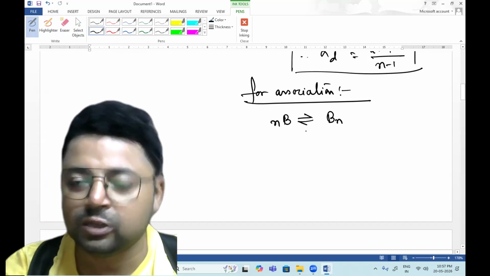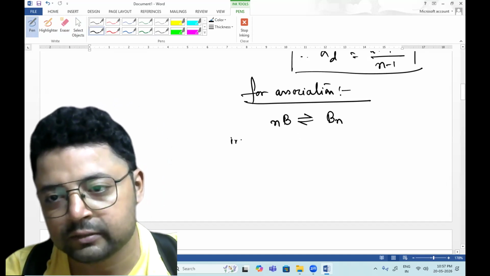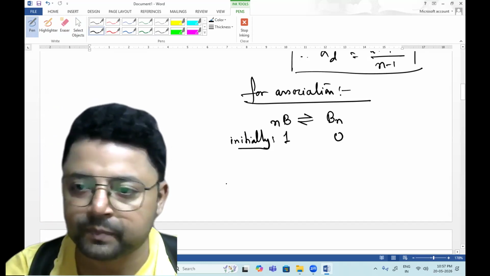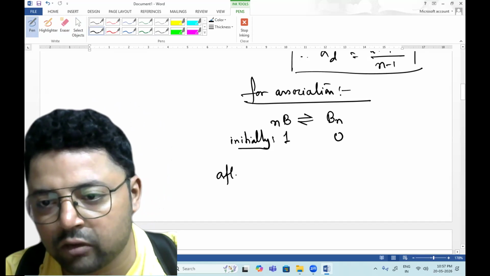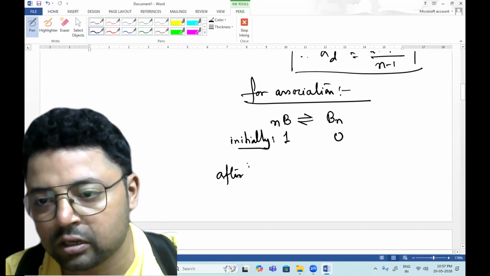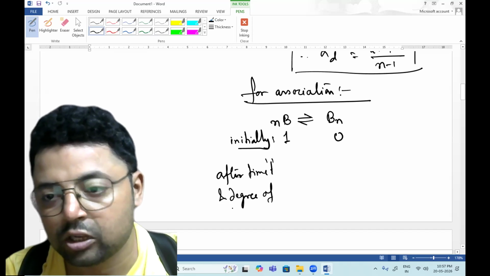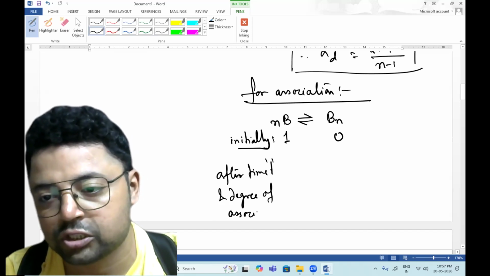Okay, N B to B N. So initially this is 1 and this is 0. Same. After time T, the degree of association, not dissociation, it will be association.